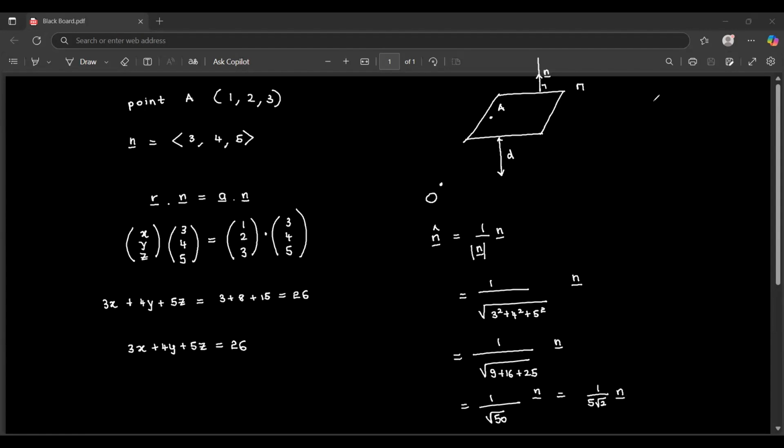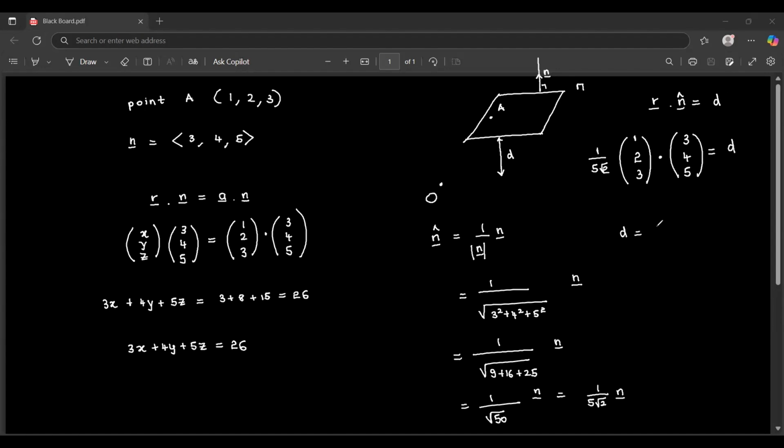To find the perpendicular distance, we have to do r dot unit vector of n, which is equal to the perpendicular distance or the shortest distance. For r, I can replace the value with (1, 2, 3), and n is (3, 4, 5), with 1 over 5 root 2. Let d be what we have to find.